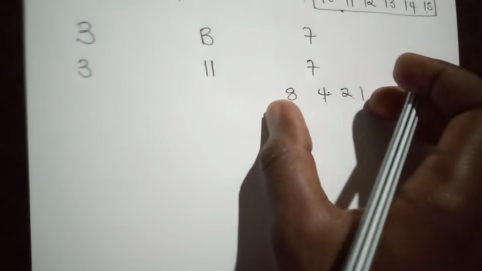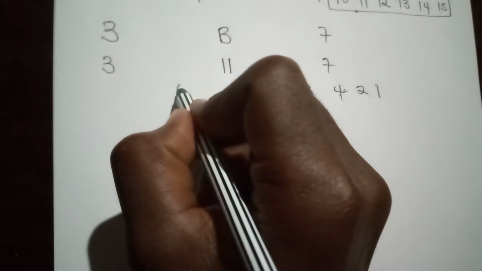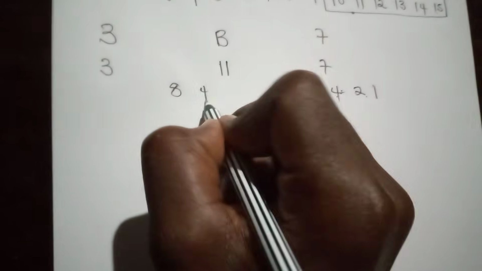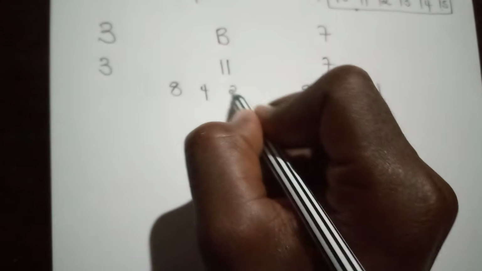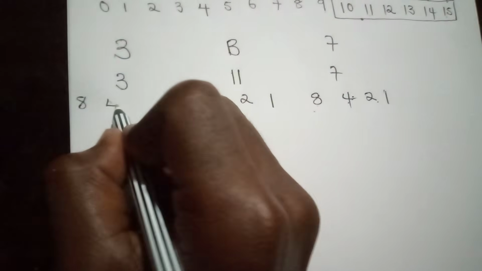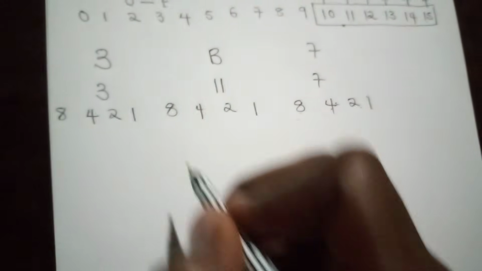So I'm going to put these numbers on each of these given hexadecimal digits. So I'm also going to write 8, 4, 2, 1, even this side, 8, 4, 2, 1, like that.